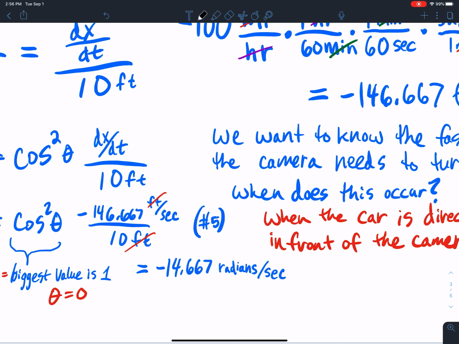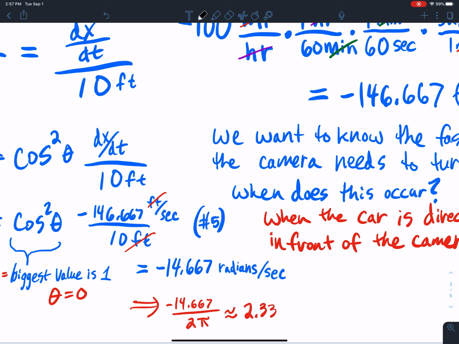Now remember, a radian has to do with the arc length, right? And so to figure out your revolutions per second, you need to take that number and divide by 2 pi, okay? So if you're having trouble with it, go back to the pre-cal videos where we talk about revolutions, okay? So when we talk about revolutions in turning a wheel, we talk about this concept here.